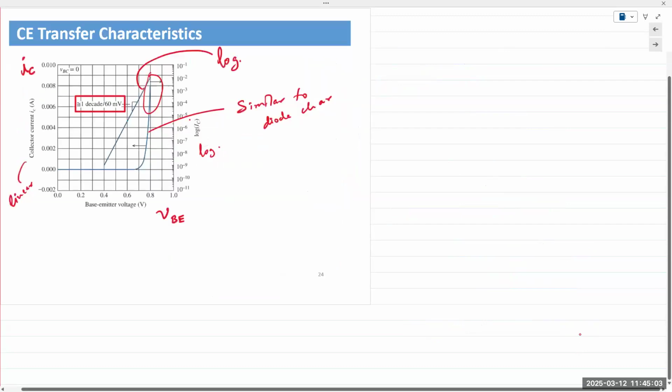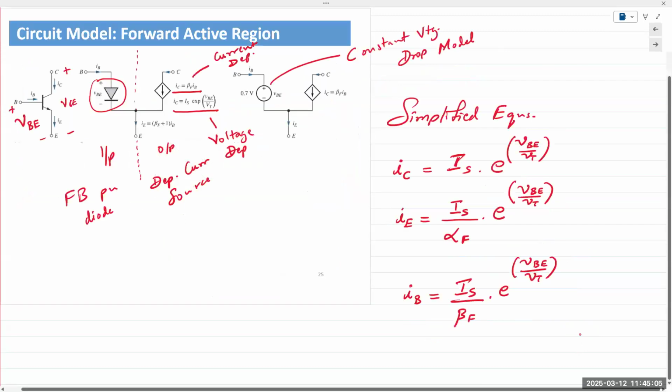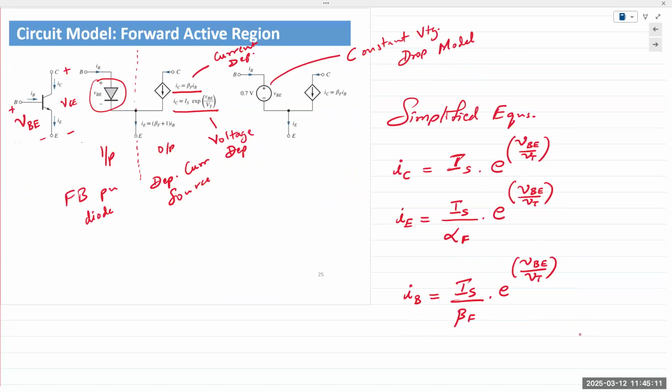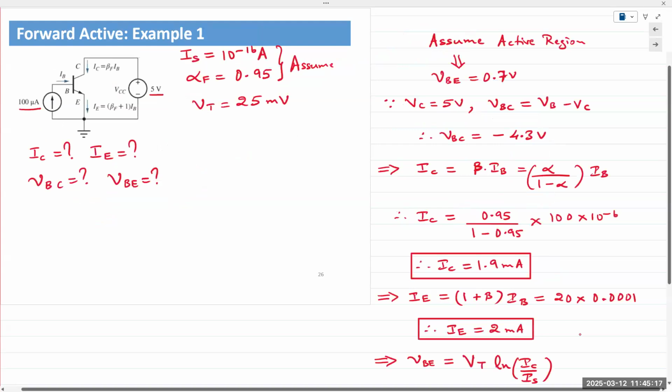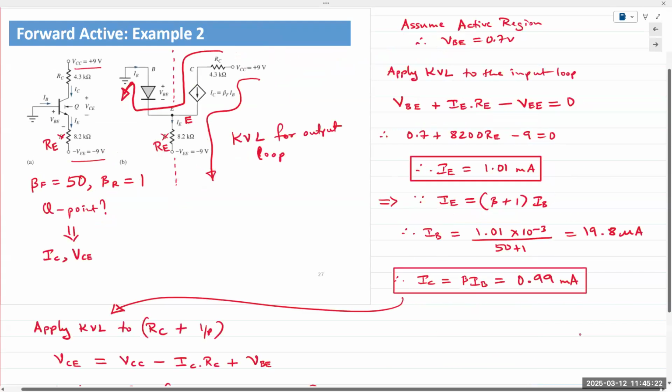Okay, output characteristics, transfer characteristics. Then we had the forward active model. We had simplified equations for the forward active model, where we ignored certain parameters. There were a couple of examples for forward active. This was example 1, this is example 2. So make sure you have a thorough understanding of these example problems.